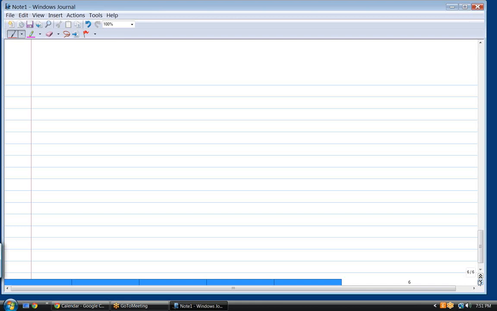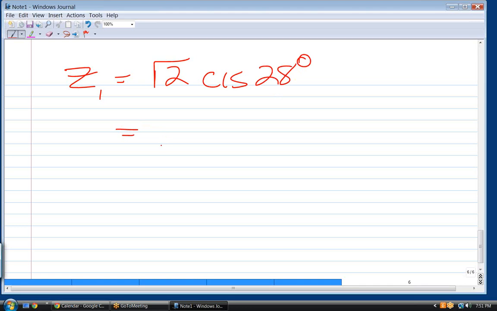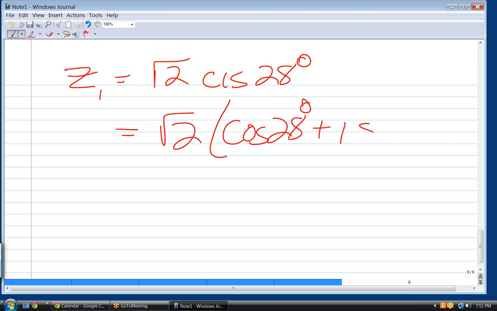Next one is if Z1 equals root 2 CIS 28 degrees. Do you know what CIS is? Or is that kind of specific to this book? I think that means this. Yeah, that's it.